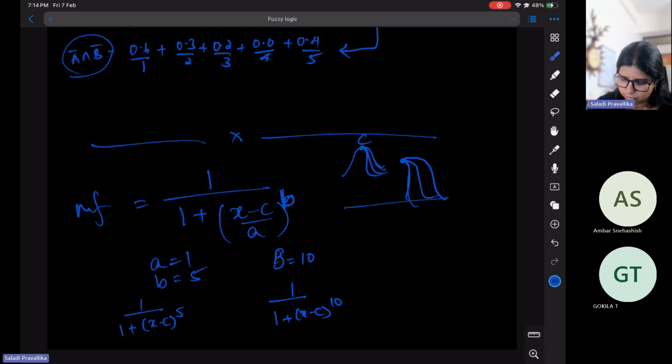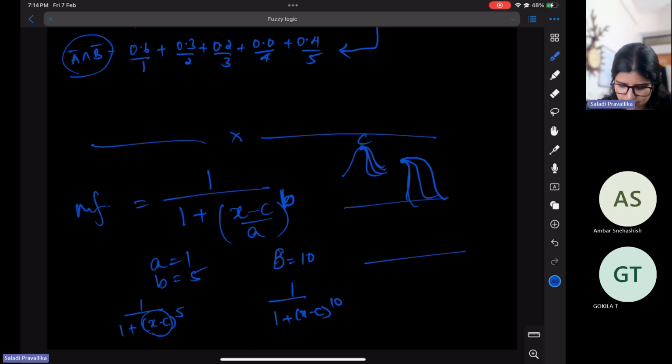Right? If we are taking b value as a greater value, then the curve is going to fall faster.